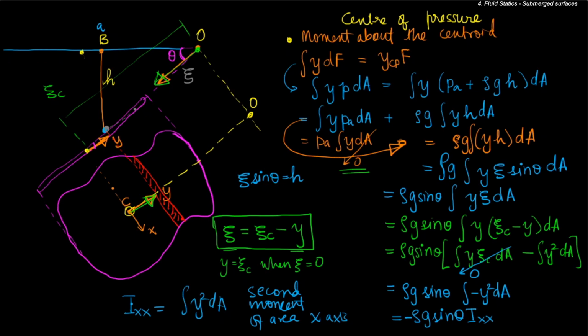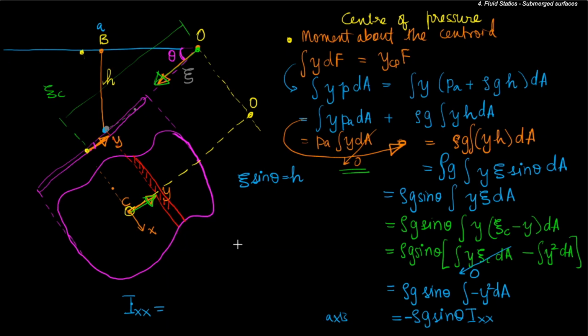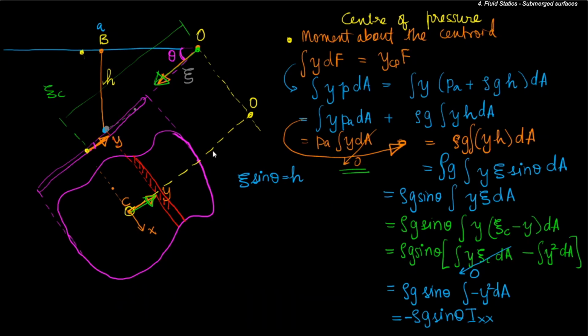So now we can simplify everything furthermore and write from this particular statement. So this is now equal to this. Essentially this is what we have proved so far. So y center of pressure times the force is equal to minus rho g sine theta Ixx.